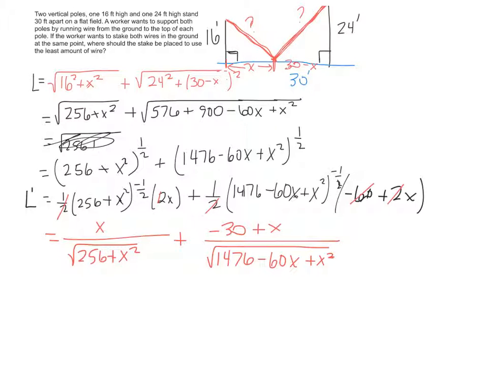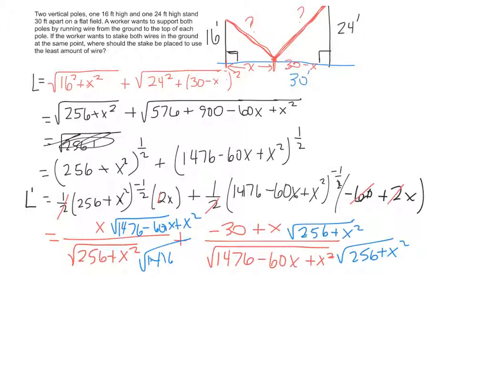So then if I'm looking for a common denominator and setting it equal to 0, I'm going to have to multiply this one times that ugly thing over there, on top and bottom, and this one on top and bottom by 256 plus x squared. That's that.